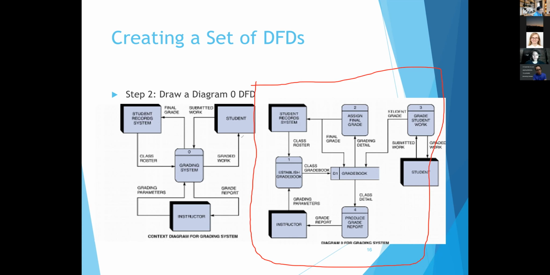Let me explain the diagram 0 and how to read it. For diagram 0, we start with process number 1. The way you have to understand diagram 0 is that you start from process 1 first and see what the inputs for process 1 are and from what components.